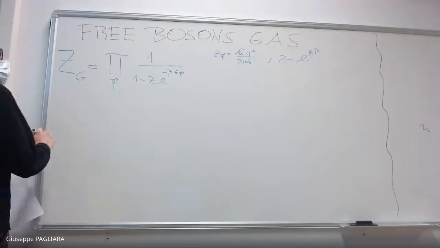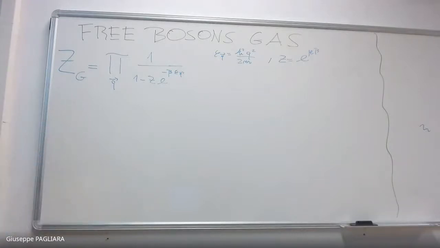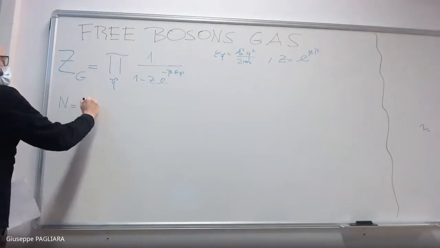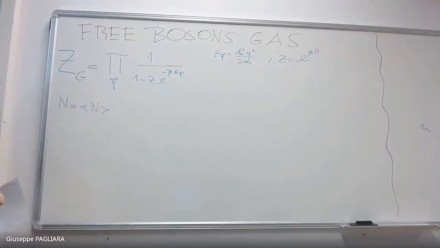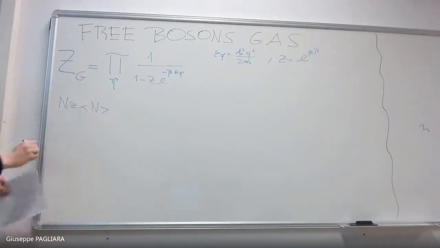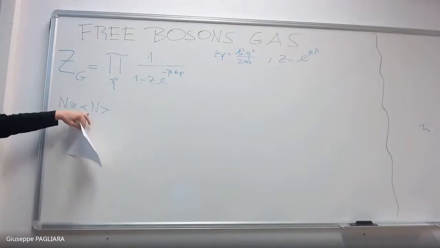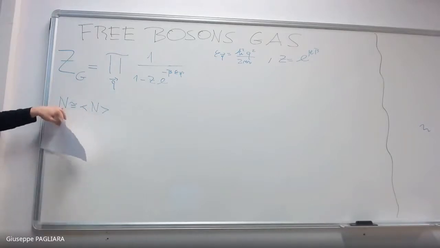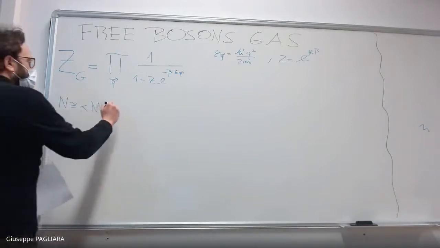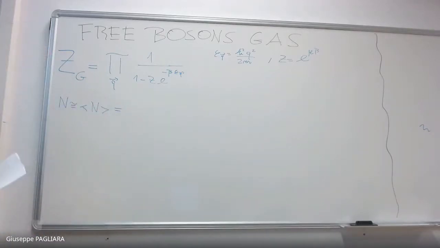Okay, so now we can start by deriving thermodynamics. And the first thing that we can try to write is N, which is the average. Let's compute the average number of particles that in thermodynamics we just indicate with N, not making any difference because we are neglecting completely fluctuations. But this was derived in the context of the Grand Canonical Ensemble as a derivative of the partition function.